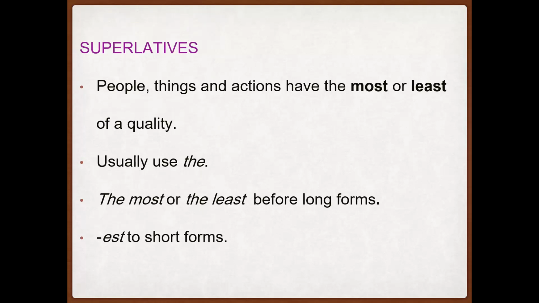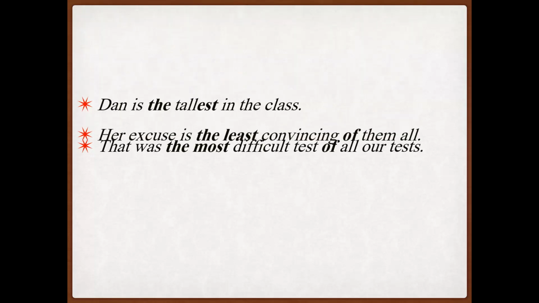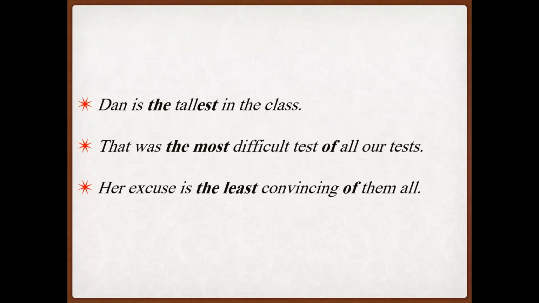To short forms, we use est. For example, Dan is the tallest in the class. That was the most difficult test of all our tests. Her excuse is the least convincing of them all.